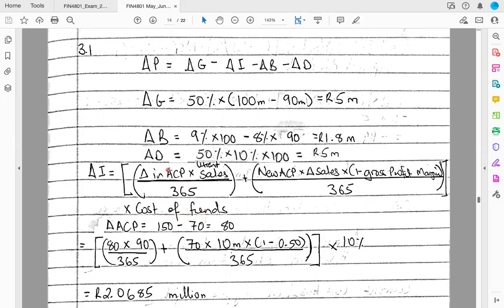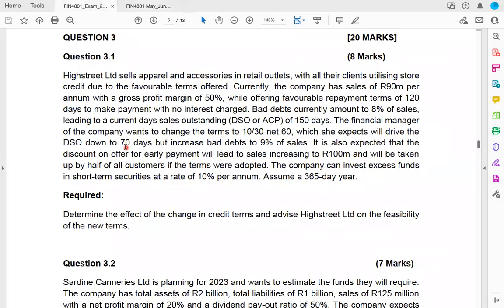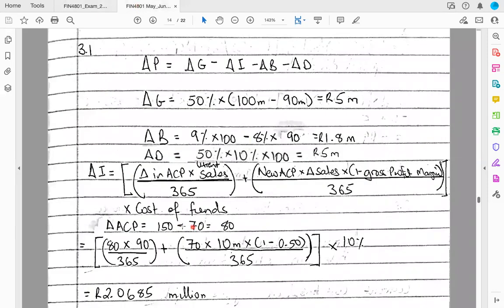So the change in average collection period, our average collection period is going to go down to 70 days, whereas it's currently 150 days. So we just subtract that. Don't worry about the sign here. We ignore the sign, just find the difference between the current and the new, whether the ACP has gone up or down. I'll explain that further. So the change is 80.